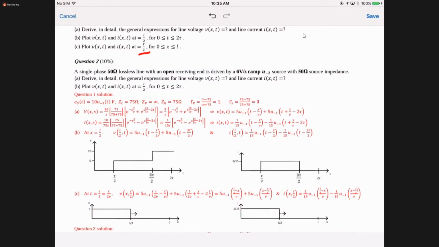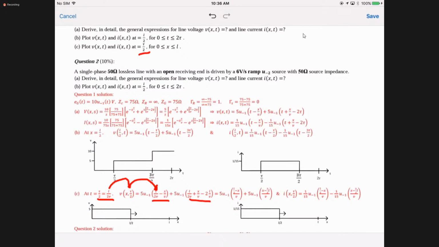So at different locations, you substitute t equal to tau divided by 2 into the location.